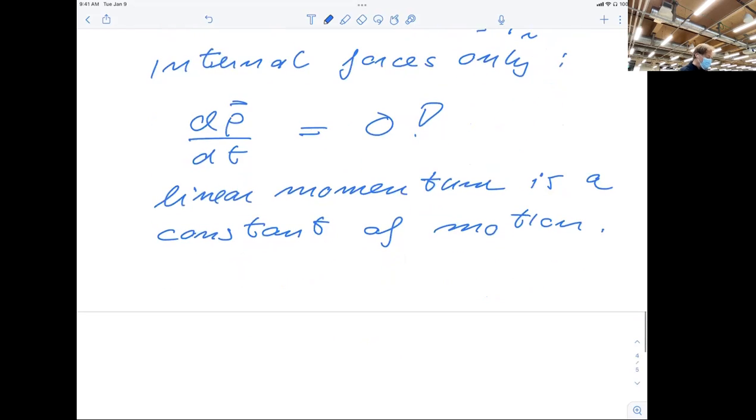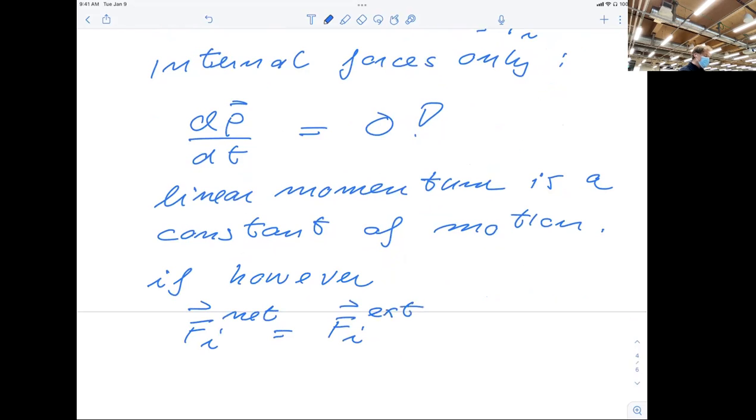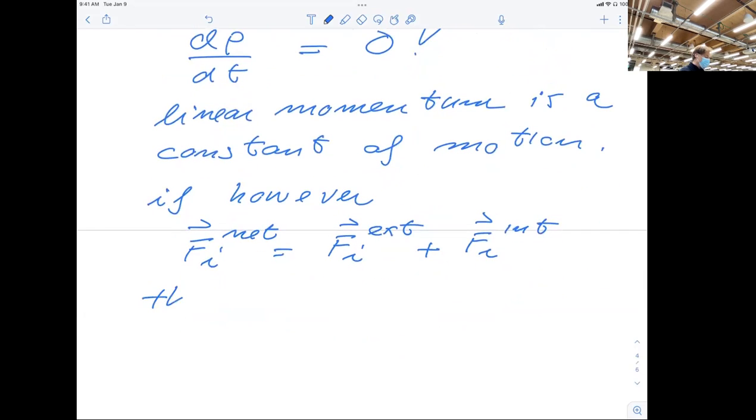If, however, the net force on a single particle is equal to some external force plus the internal forces, then the total force, F total, is going to be the sum over all the external forces.